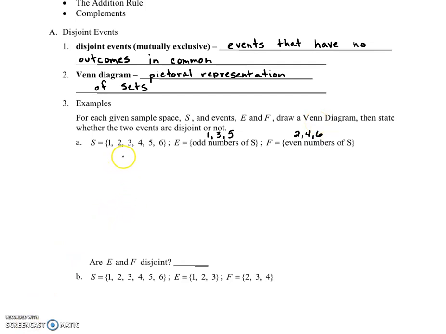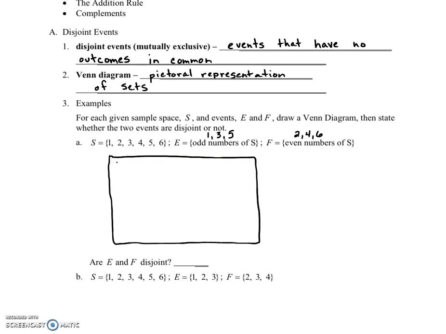So the way the Venn diagram works is we draw a big box, and that is our sample space S. That contains everything. Then we draw circles for E and F. Now if we look at our E and F here, we can see that E has 1, 3, 5, and F has 2, 4, 6.